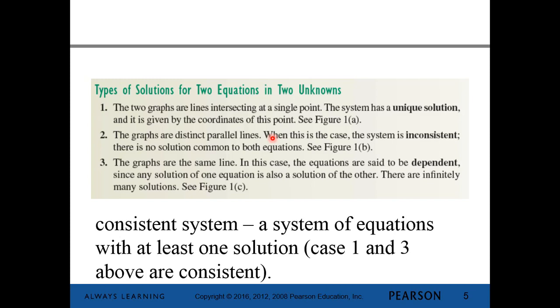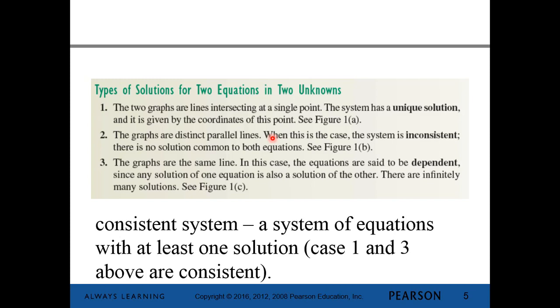When we solve a system of two equations with two unknowns, we're dealing with lines, and if those two lines intersect, then there is a unique solution, one solution to the given system.